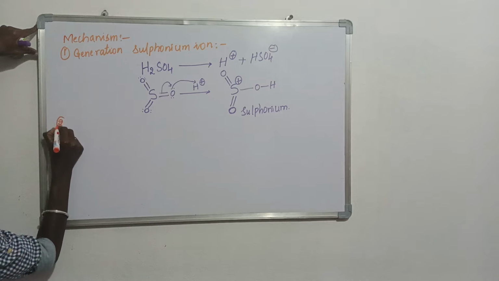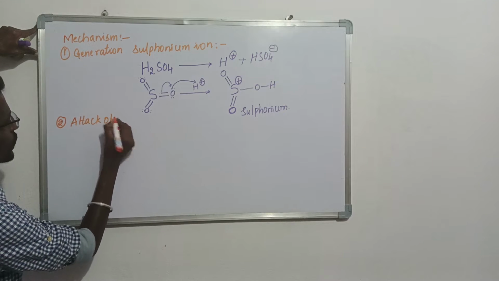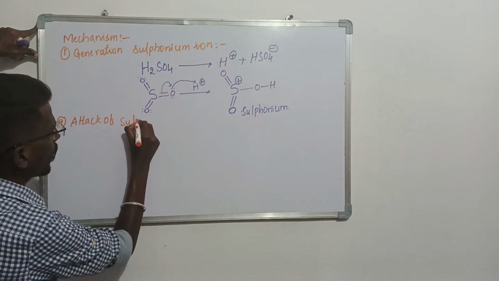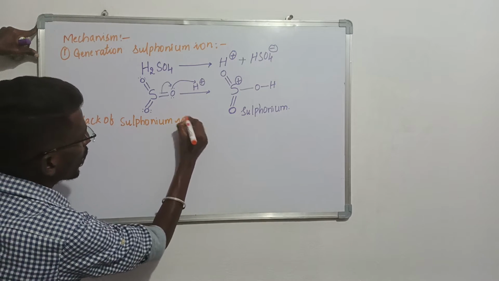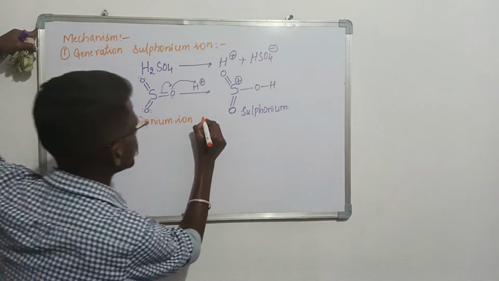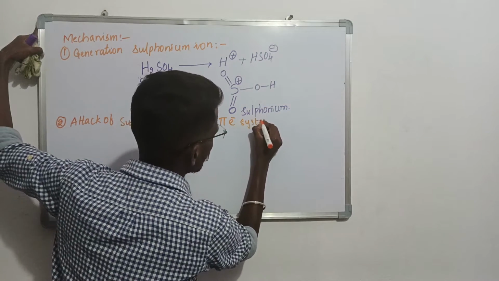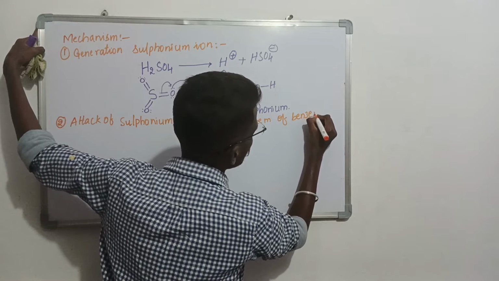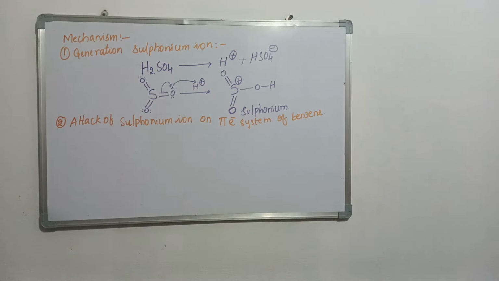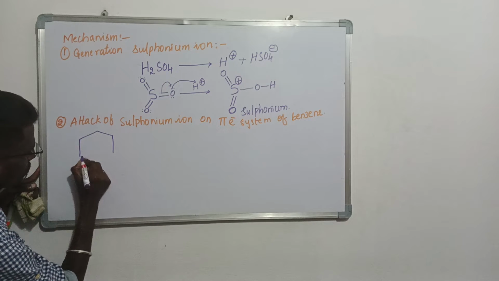That is the second step, the attack of the sulfonium ion on the pi electron system of benzene. The benzene structure will be like this.